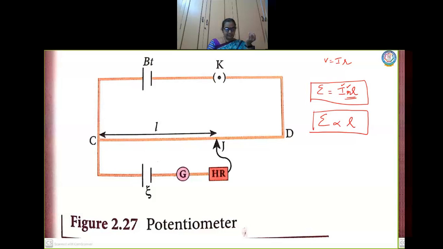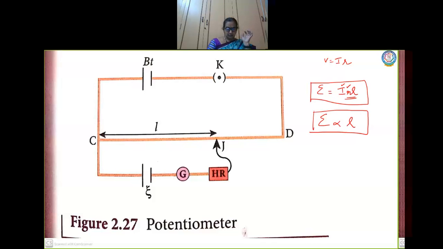When you maintain a steady current across the wire, there will be a zero deflection at a particular point on the wire where there is no current. The potential drop across that Cj will give the value of the EMF of the cell. So that is the principle.